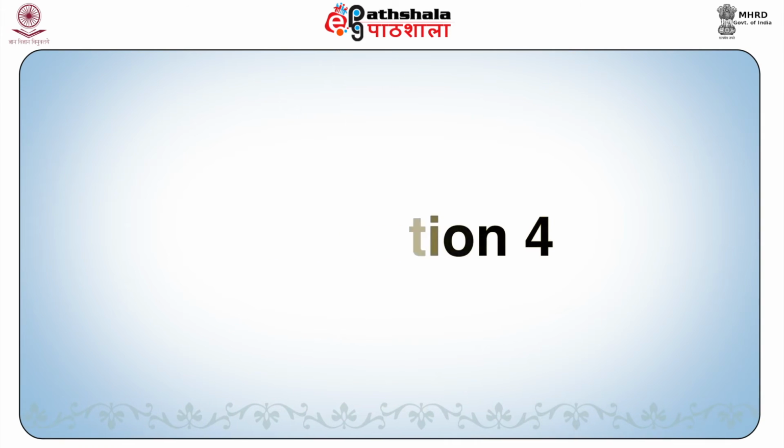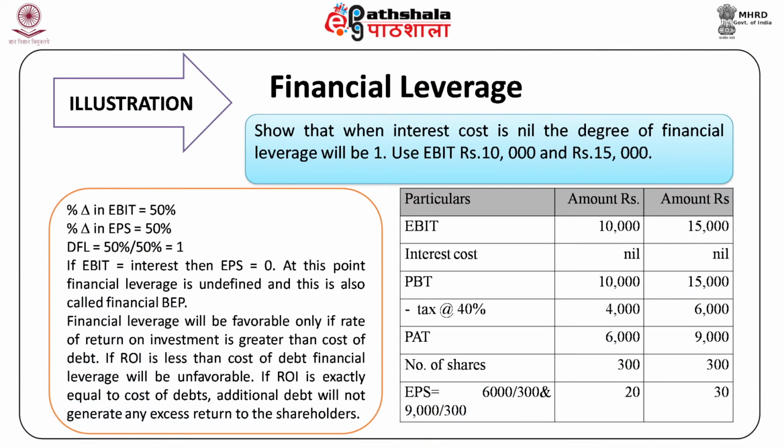Illustration 4. Show that when interest cost is nil, the degree of financial leverage will be 1. Use EBIT rupees 10,000 and rupees 15,000. Solution 4. Now look at the table. We start with the EBIT 10,000, 15,000. Interest cost nil, nil. PBT 10,000, 15,000.